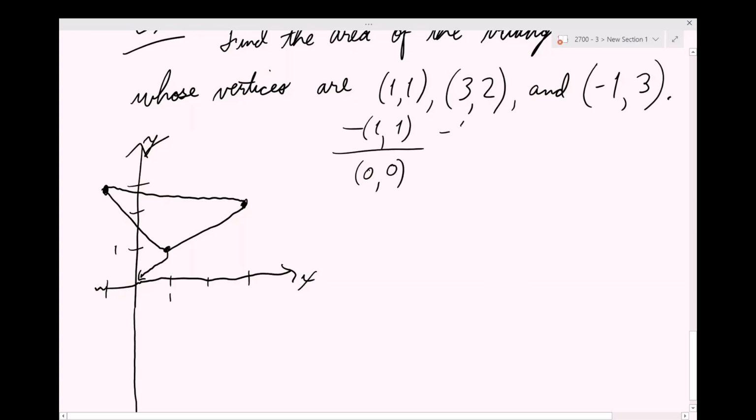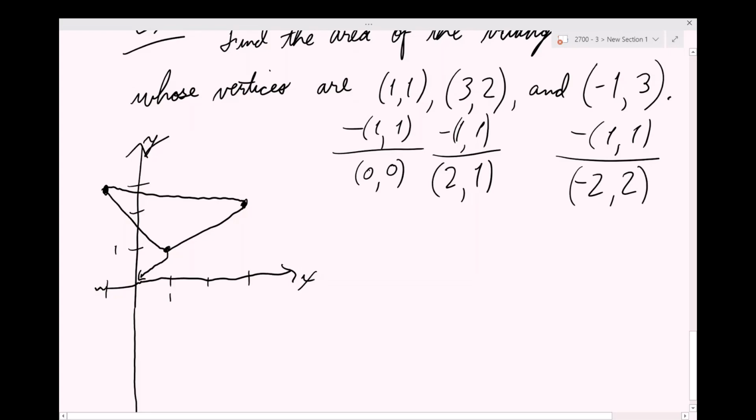This one, if I subtract the same thing off, we want to shift the entire triangle. Then I'm getting 3 minus 1 is 2, 2 minus 1 is 1. So it's going to move to that point. And this one, if we subtract the 1, 1 point, we're going to get negative 1 minus 1 would be negative 2, 3 minus 1 would be 2. So these are my new points.